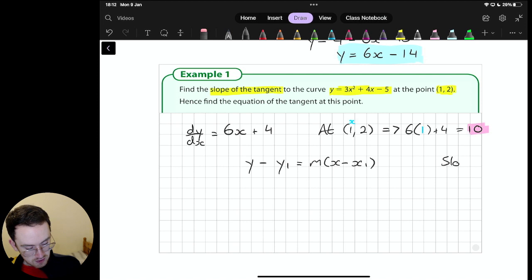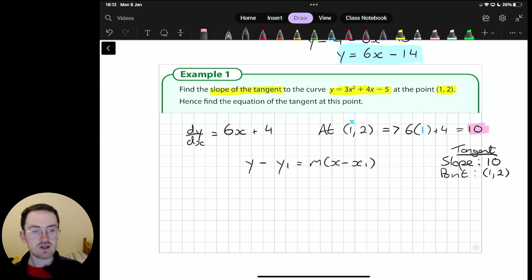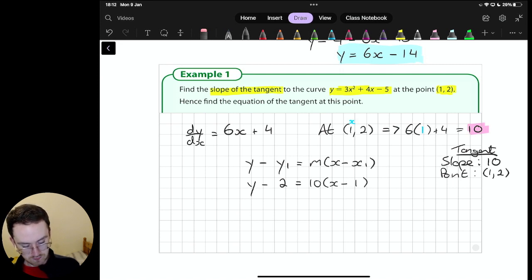We know over here, if we just make note for ourselves, our slope is 10, our point is (1, 2). So these are my key things for my tangent. So our slope and our point, subbing them in, y minus 2 is equal to 10 times x minus 1.